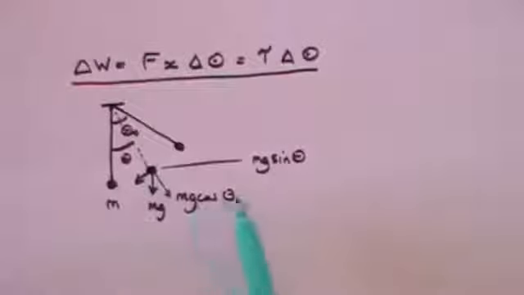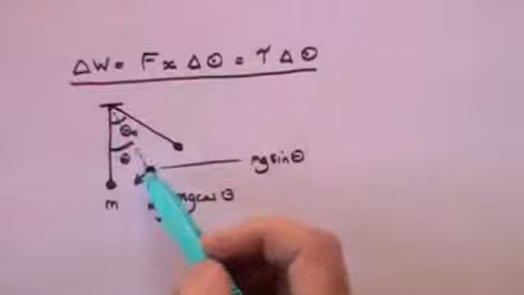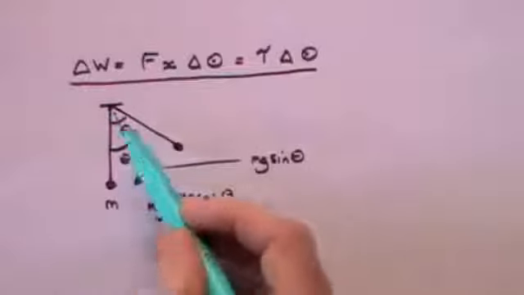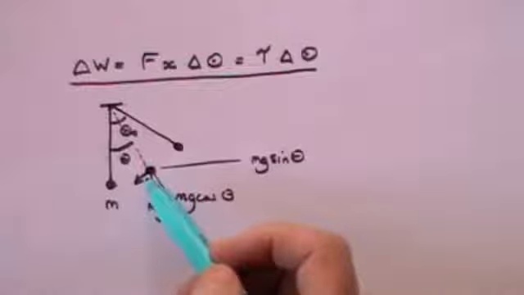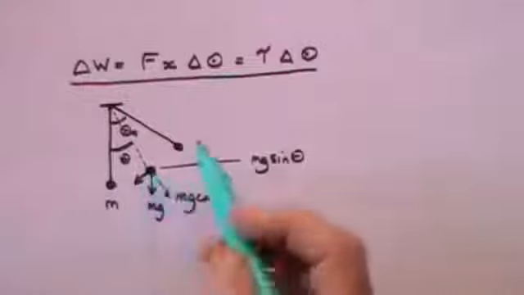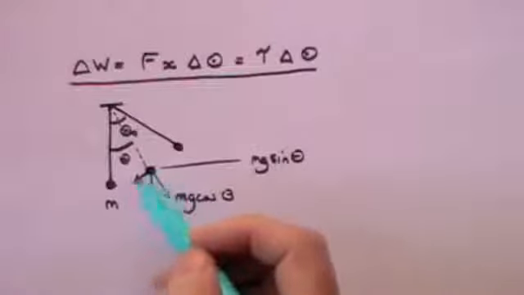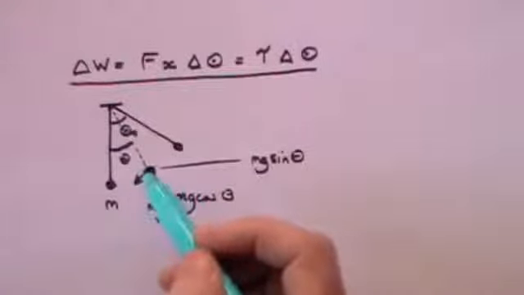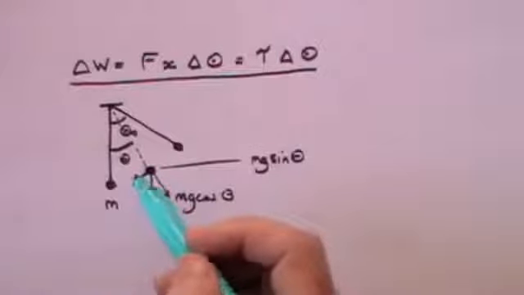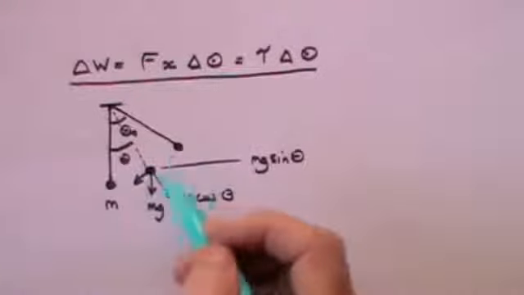Now once again, mg cos theta is having no effect whatsoever because it's essentially pulling on the rod connected to the pivot point. So it can't extend that rod as long as the rod is strong enough. The only force that's actually having any effect is the restoring force, that is what I'm actually pushing against to push the pendulum up.